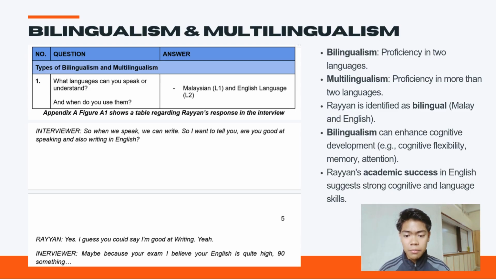Compared to monolingual kids, dual language learners might also possess superior planning and organizing abilities, such as task switching and inhibitory control. This can be proved by the findings, where Ryan stated that he excels in English in many fields, especially in his academics. Now, I actually have a transcription of the interview.